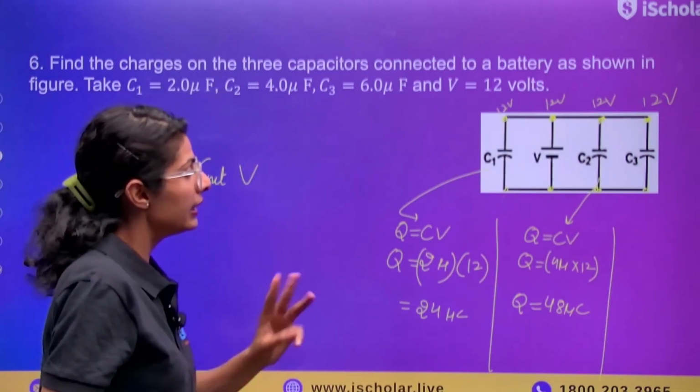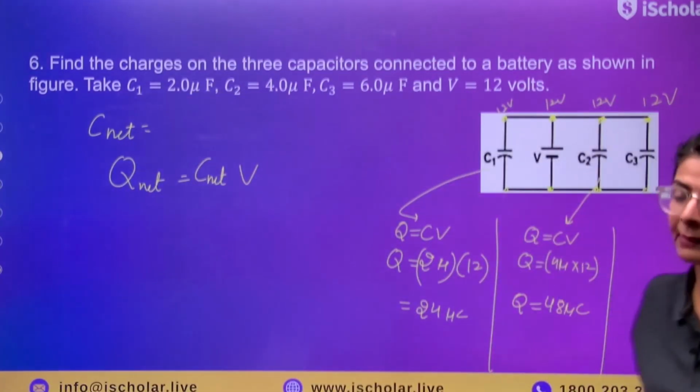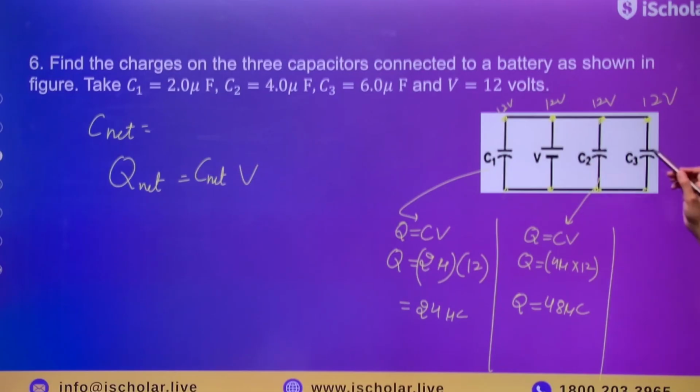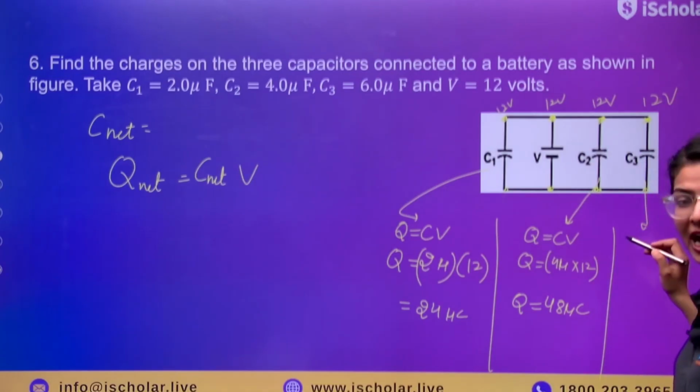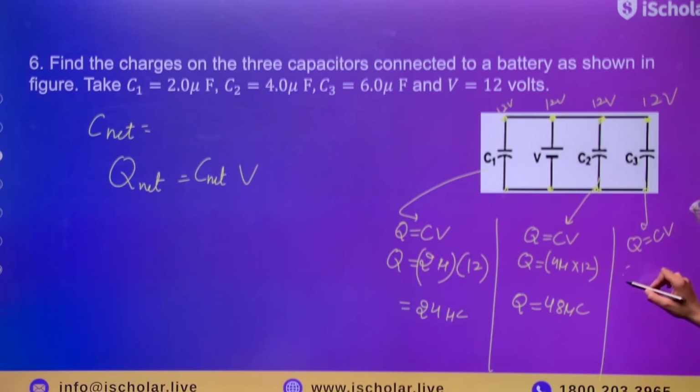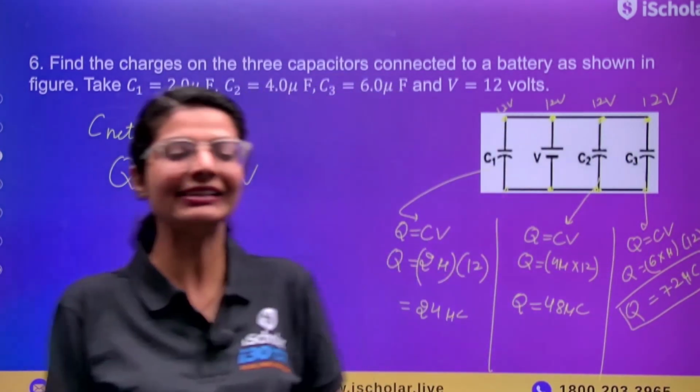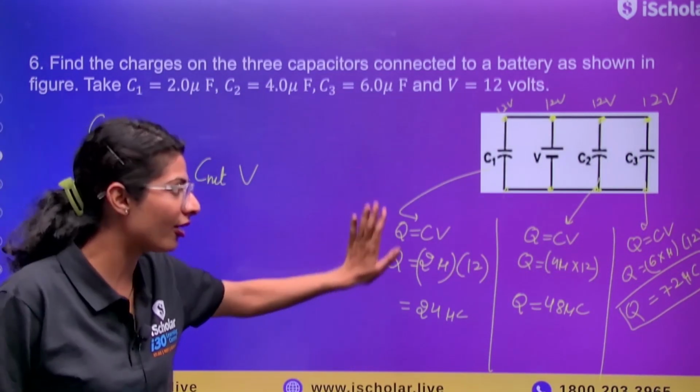Coming to the third, the last capacitor, the value is 6 microfarad. Again, the charge flown here will be Q equals CV, which is 6 microfarad into 12, given as 72 microcoulomb. So in this question, how easily we got the charges for all of these.